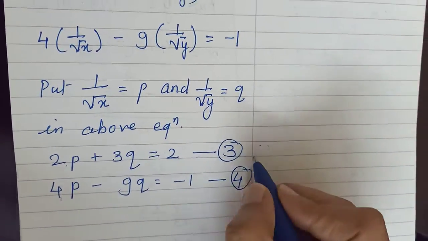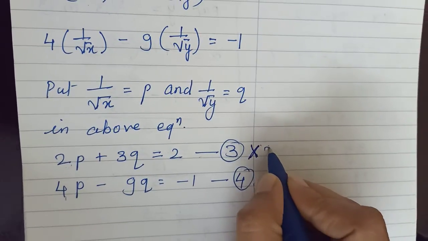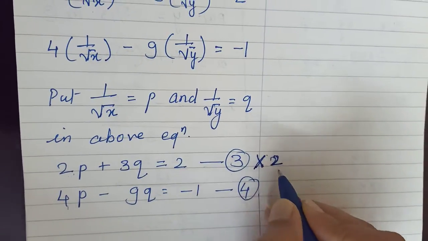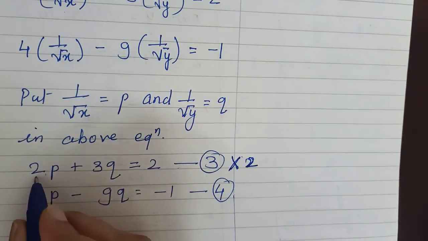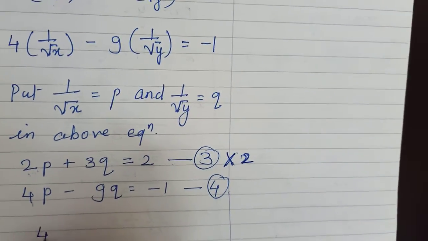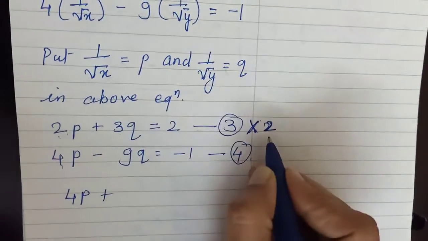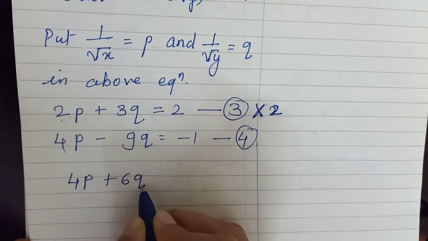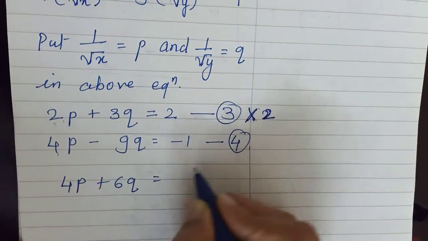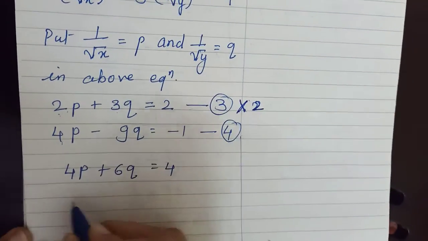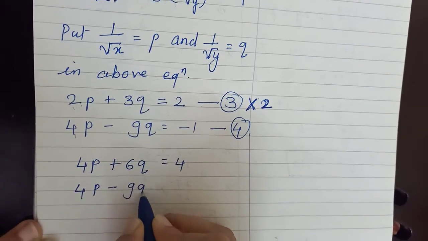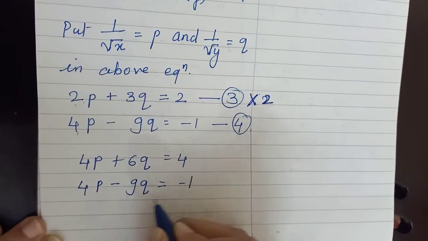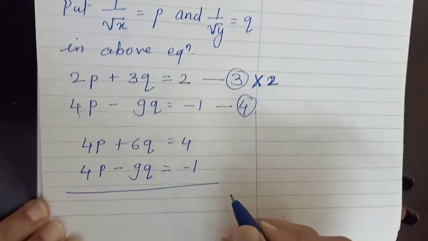So I will multiply equation 3 by 2. This becomes 2 twos are 4p plus 3 twos are 6q equals 2 twos are 4, and the other equation is 4p minus 9q equals minus 1.